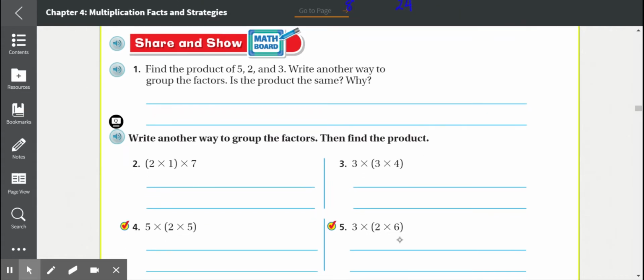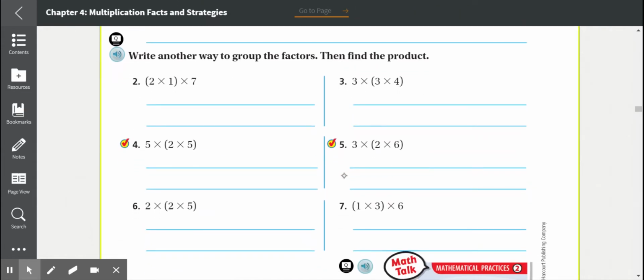Okay. So we're going to skip down here to number 2, and we're just going to practice changing the grouping and finding the product. So it says, write another way to group the factors and then find the product. So here they have 2 times 1 times 7.